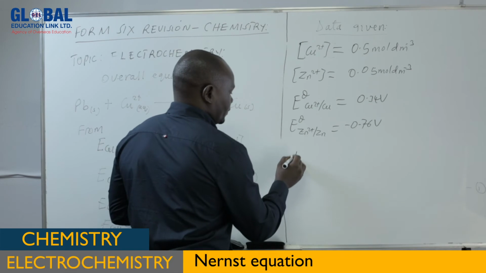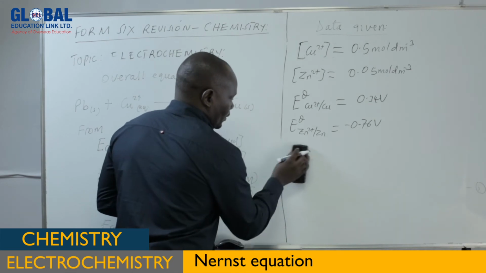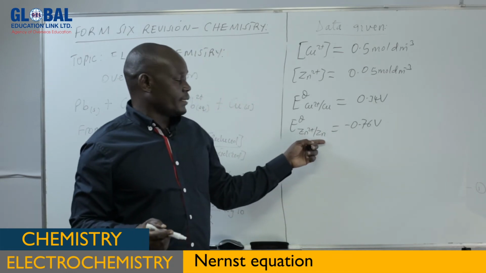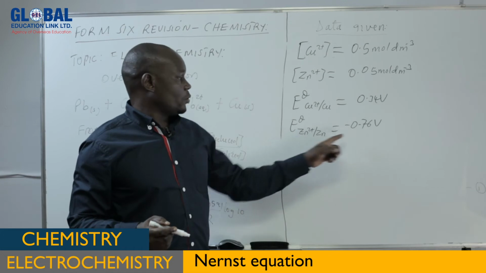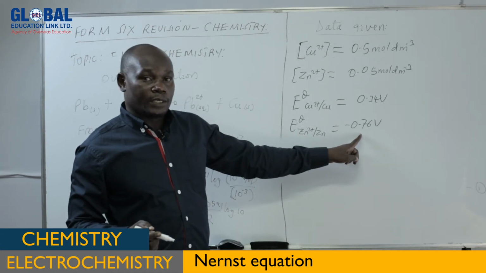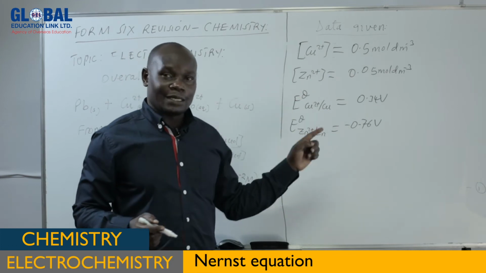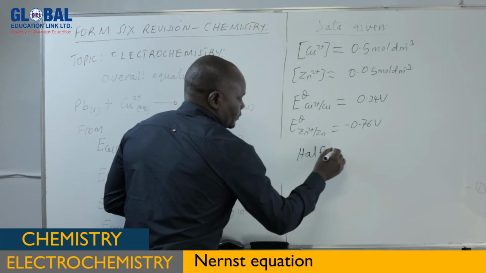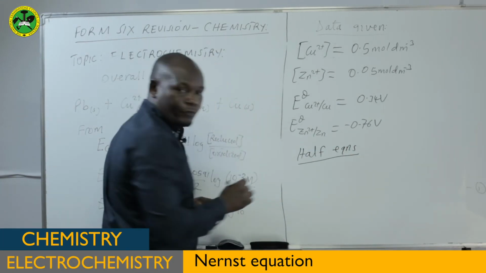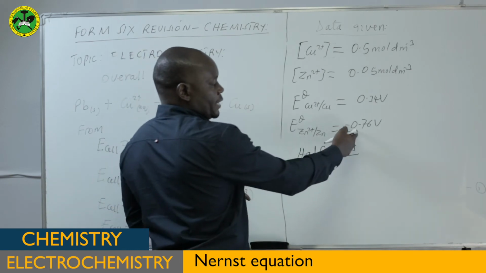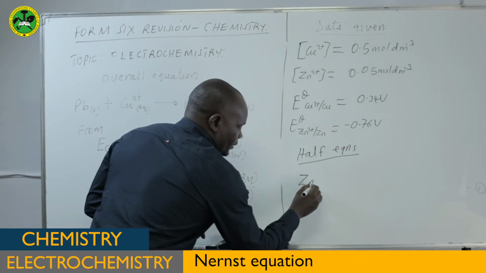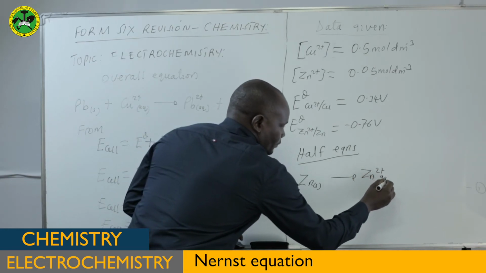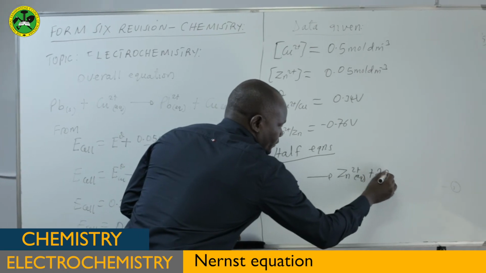So from the next equation, the species that will undergo oxidation here is zinc because of the lower standard electrode potential. And copper is the one that will undergo reduction. So the half equations of our cell: since zinc undergoes oxidation, it will be zinc solid going to zinc 2+ ions plus 2 electrons.